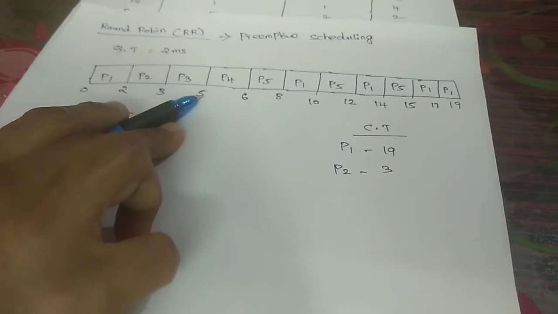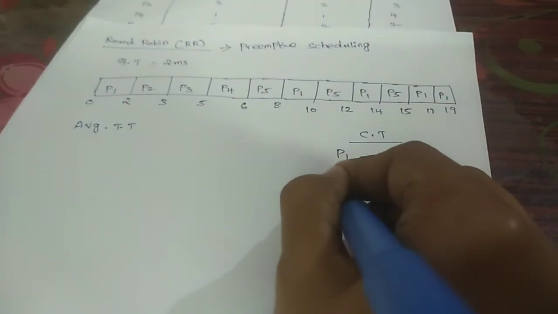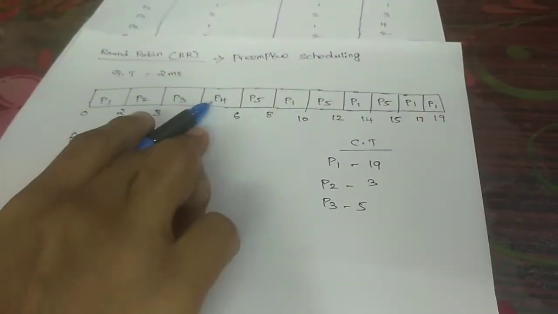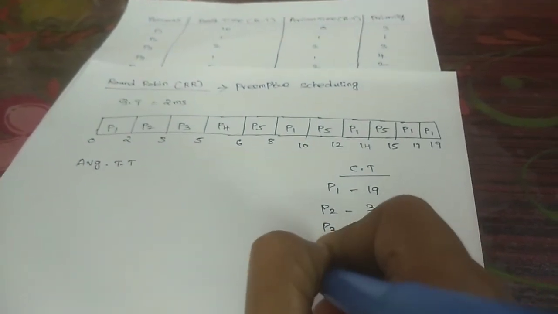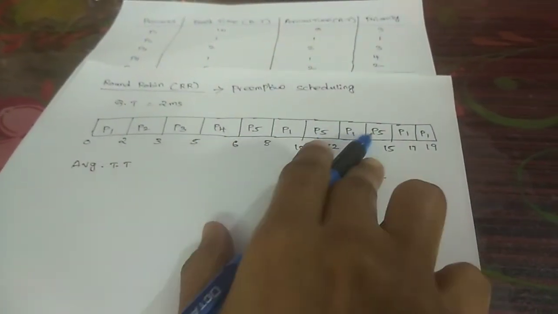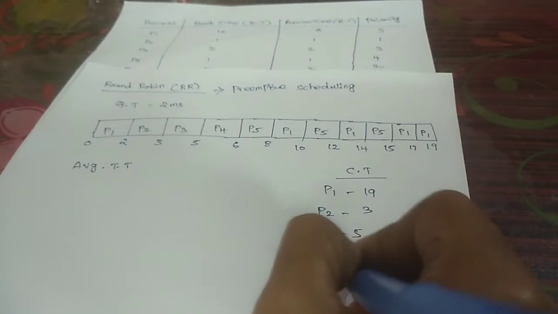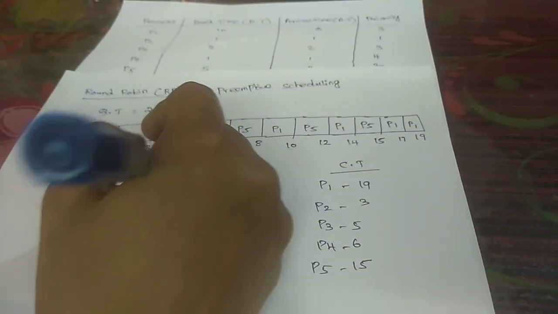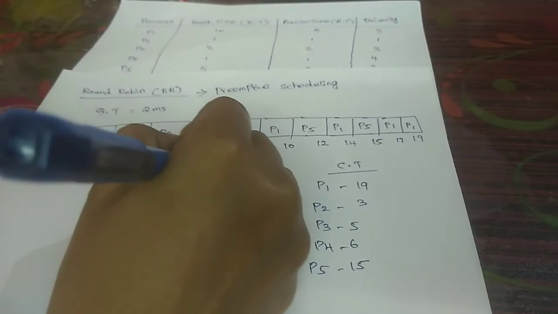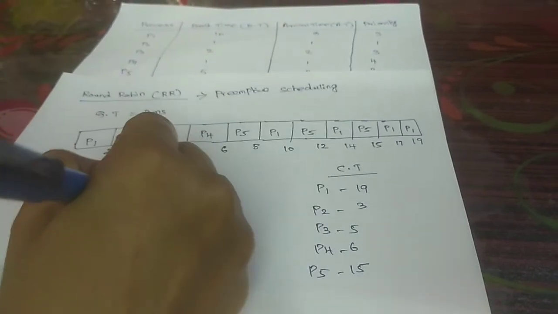P2 is 3. It completed its execution at the 3rd millisecond. Next P3 is 5. P4 is 6. And P5 is 15. Okay, next we are going to calculate the average turnaround time. The formula is CT minus AT, that is completion time minus arrival time.